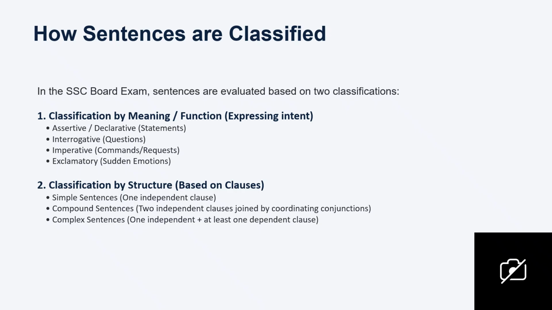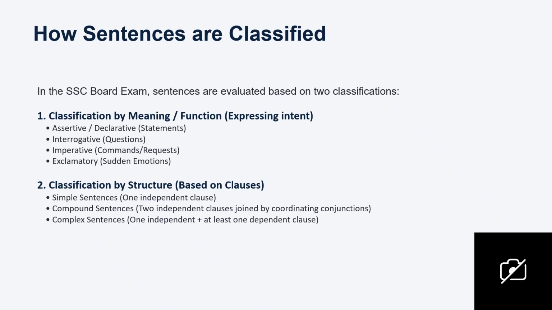Classification by meaning or by function. We have four types in that, which are assertive, interrogative, imperative, and exclamatory. All the sentences have their own meaning here.